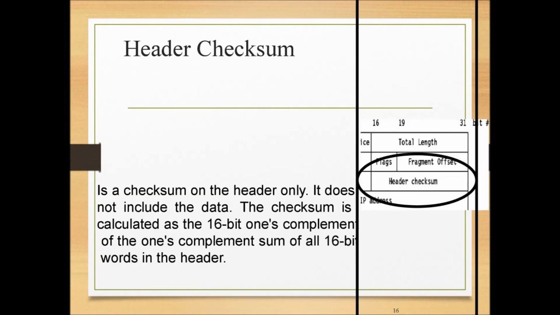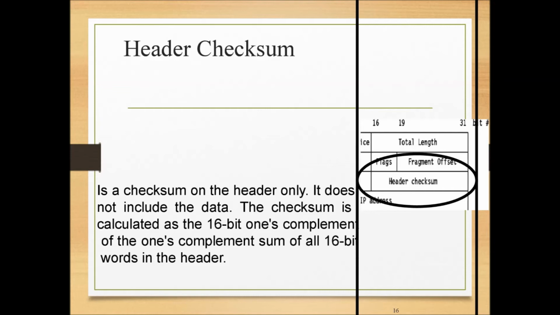Header checksum. This is the next field of the IPv4 header. Header checksum is basically used for the error detection mechanism. It is a checksum on the header only. It does not include the data. The checksum is calculated as the 16-bit ones complement of the ones complement sum of all 16-bit words in the header.